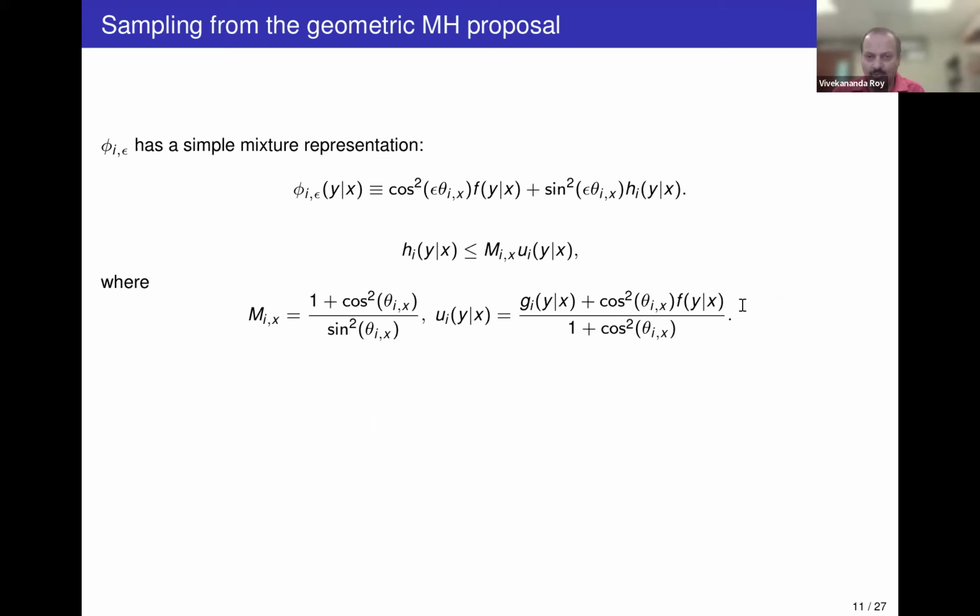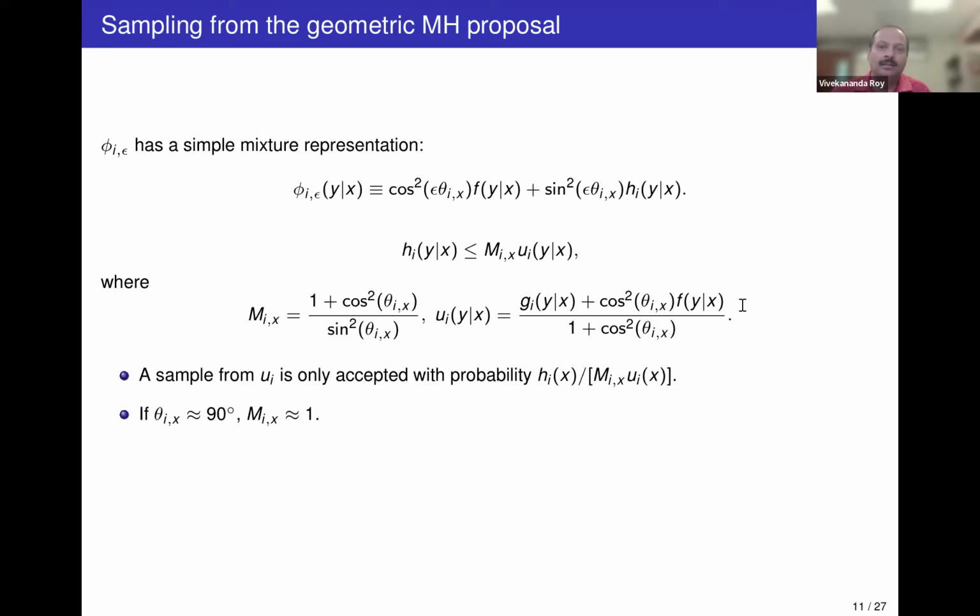which is a mixture of F and G. So that means I can use a rejection sampler to sample H by basically getting a sample from U and then accepting with a certain probability. This M is bigger than or equal to 1, and obviously M closer to 1 is good.